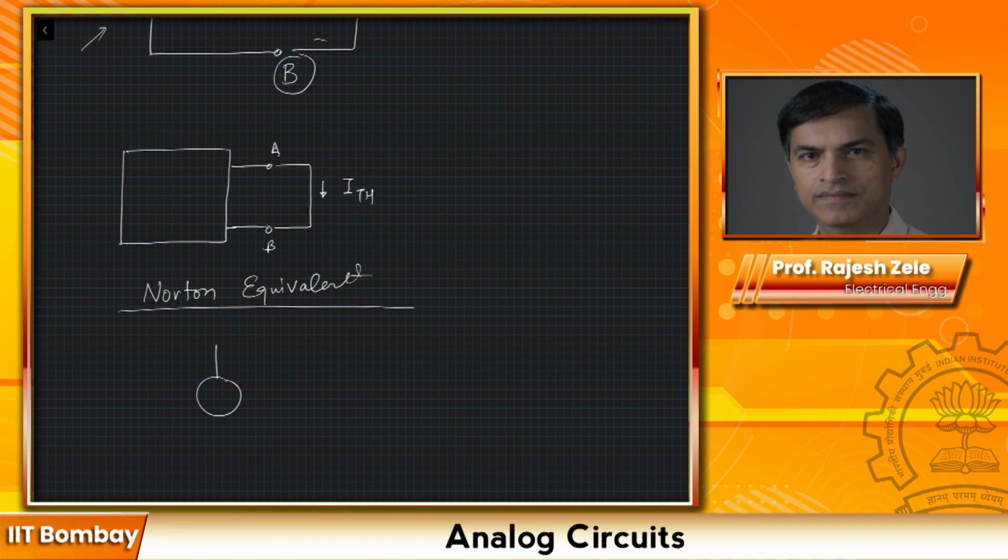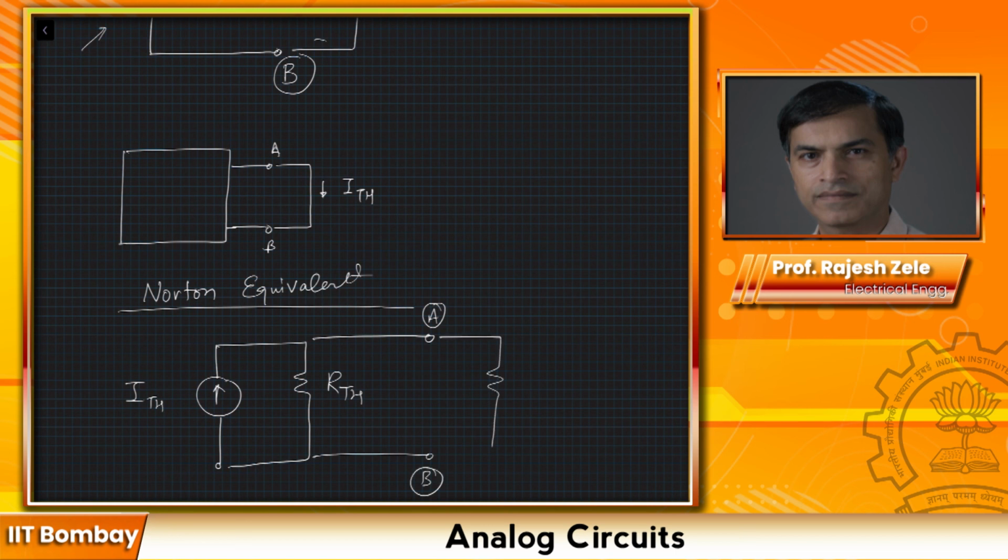And then you can model this circuit as a Norton equivalent. Here the Norton equivalent would look like this: this is my current source, ITH, and in this case you would put RTH in parallel like this, and that becomes your node A and node B. Then you can apply your R load and analyze what's going on inside this circuit.